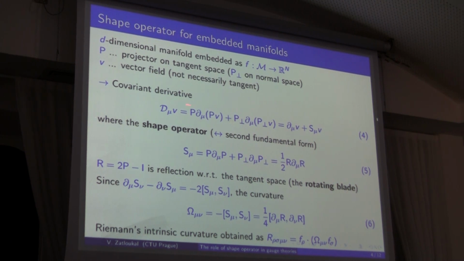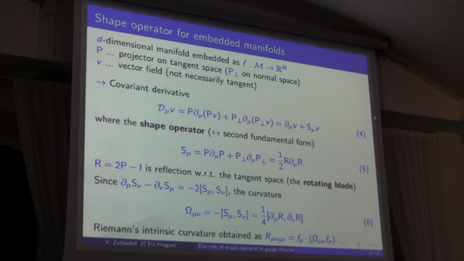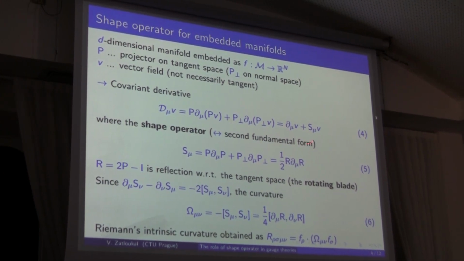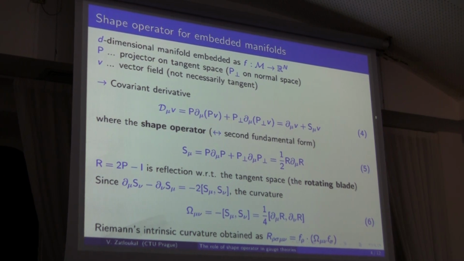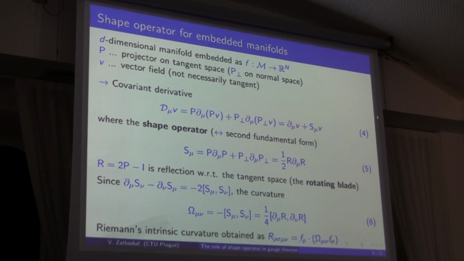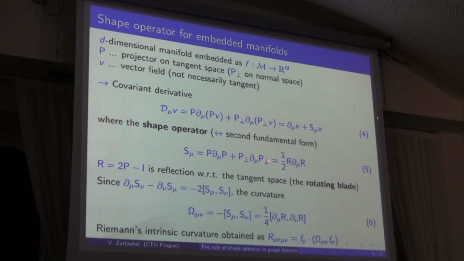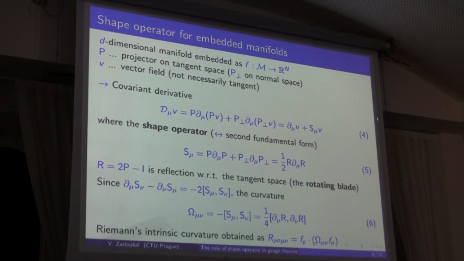One can write this description in a way that mirrors the connection prescription for covariant derivatives, where we have this quantity S_mu. This is what is called the shape operator. It is really just the second fundamental form of the embedded manifold, or the extrinsic curvature, as people call it.